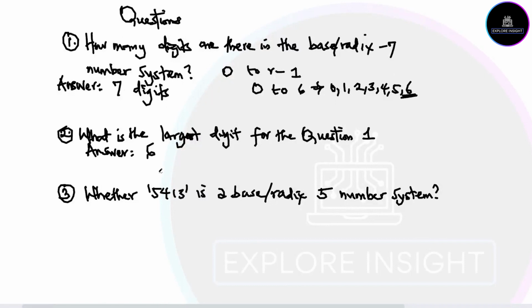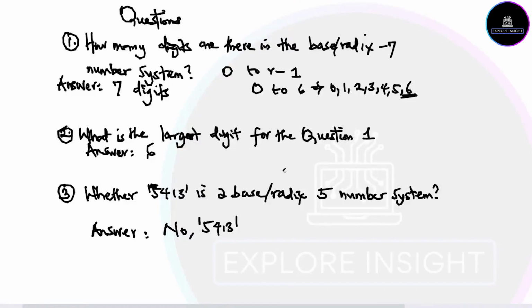Now, moving over to the third question, whether 5413 is a base or radix 5 number system, the answer will be no. Why? Because 5413 cannot be a base 5 number, because of the digit 5.